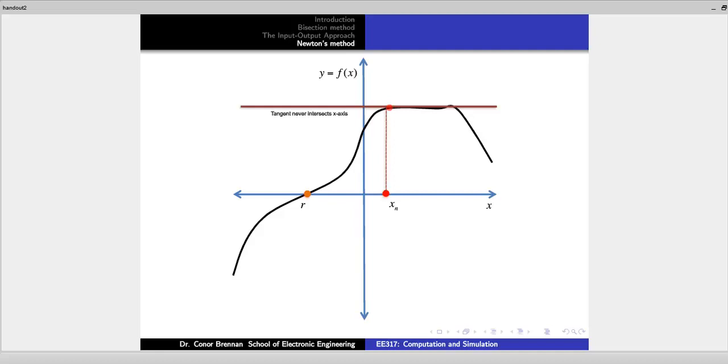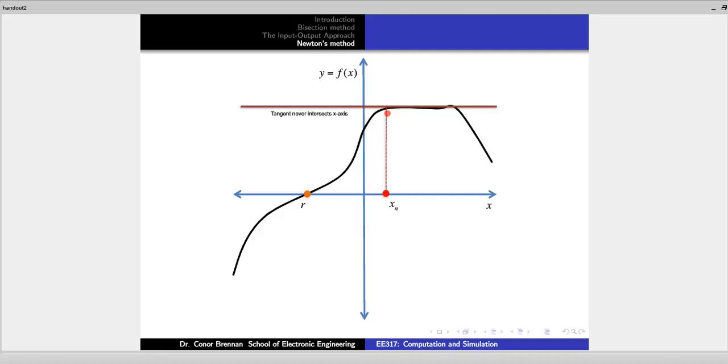Even if this is non-zero, if it's close to 0, we slide down this tangent. We're going to slide somewhere way over to the left or way over to the right, very far away from here. So we're in trouble. And there's no way of avoiding that in Newton-Raphson. If you find yourself with an estimate such that f dash xn is equal to 0 or close to 0, you're in trouble. So you have to maybe put a little bit of intelligence into your code to do something else at that point, to check for that.